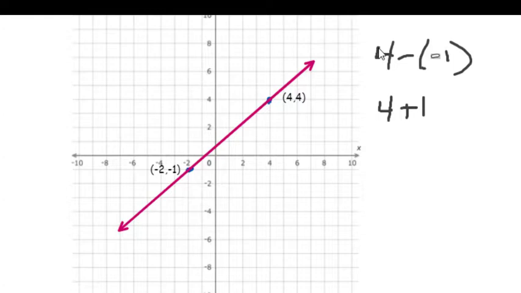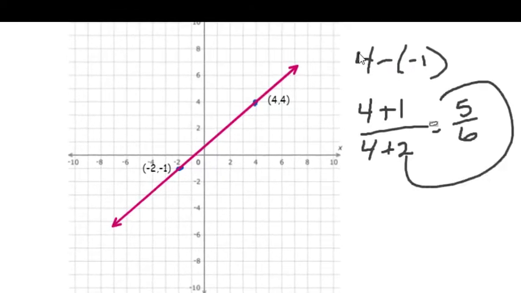So just write it like that. It's less confusing. Now the next one is 4 minus negative 2. Well, same thing. 4 plus 2. And that's going to give me 4 plus 1 is 5. 4 plus 2 is 6. The slope of this line is 5 over 6.